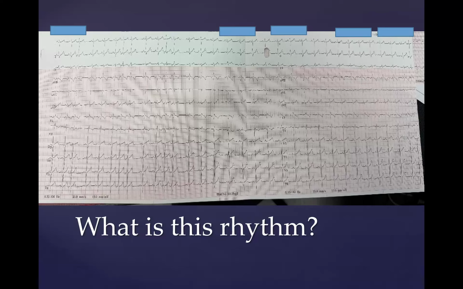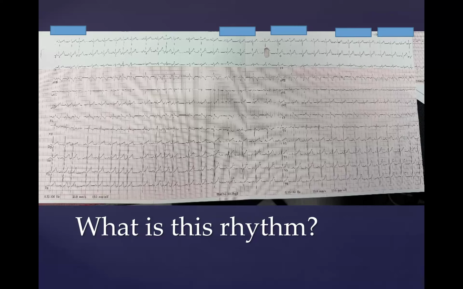And then there looks like a little run of 3 faster beats at a rate of 150. And it goes back to regular intervals again. What do you make of those 3 beats, though? Faster, I agree. Yeah, it looks like I would say an ectopic atrial tachycardia.